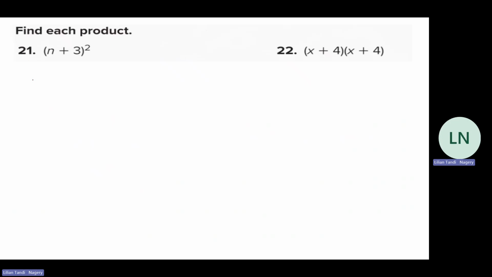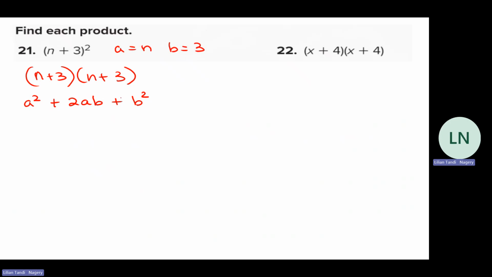Find each product. So this is n plus 3, n plus 3. So there is a formula, right? What does the formula say? A squared plus 2ab plus b squared. Your a is n, your b is 3.